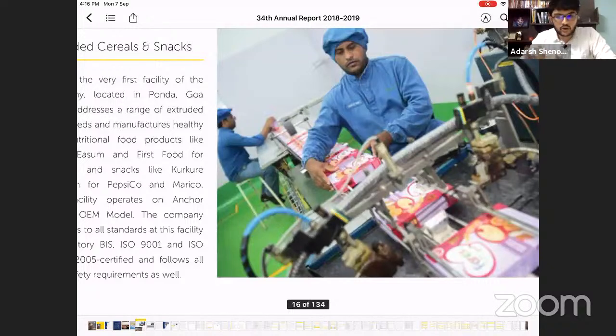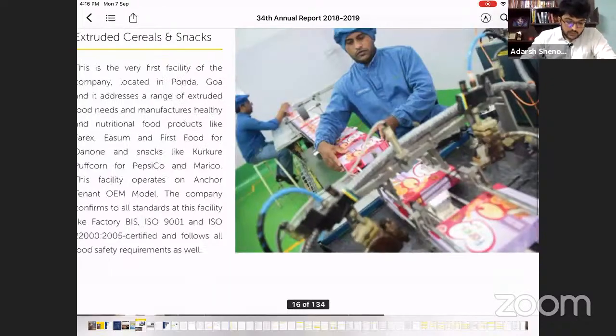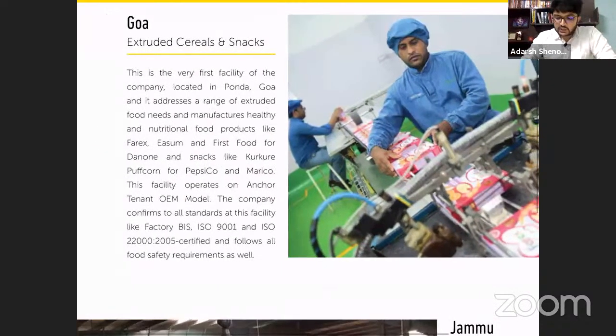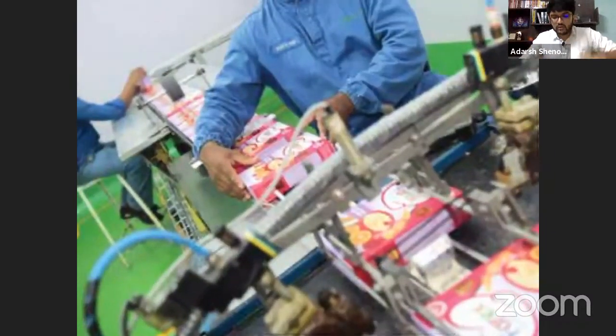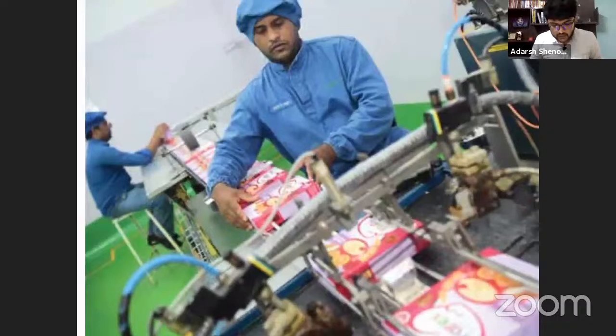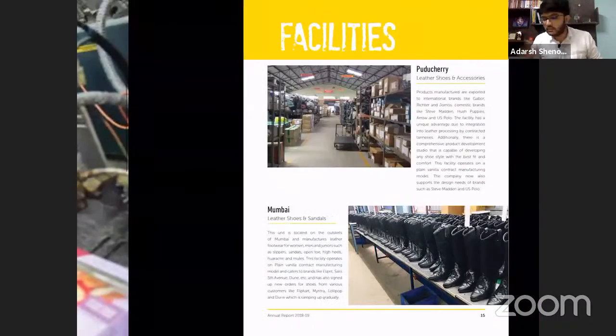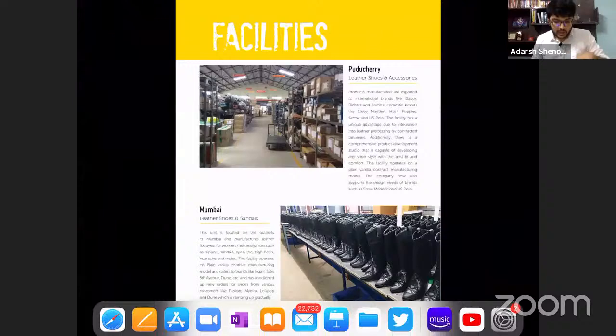Sometimes this company procures, but most of the time the ingredients are procured for them by the principal. The agent does the manufacturing part, the packing part, the branding part, and gives it back to the principal. So these are manufacturing agents.